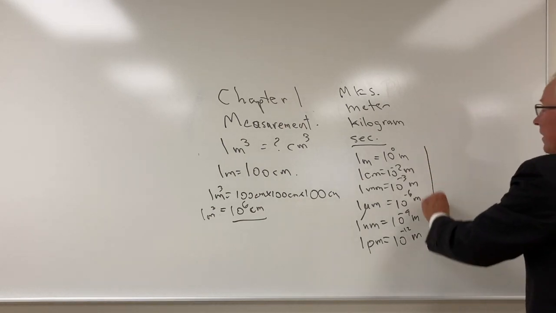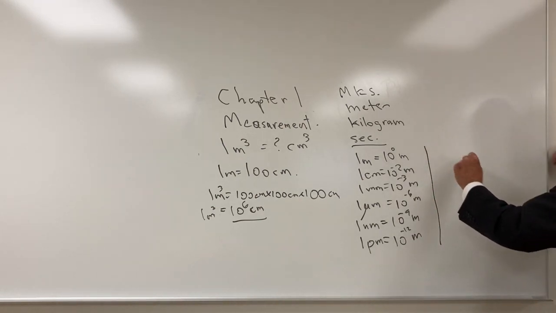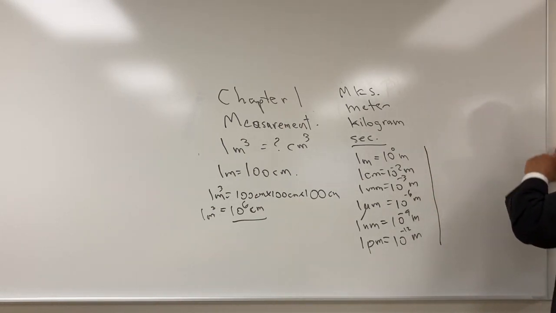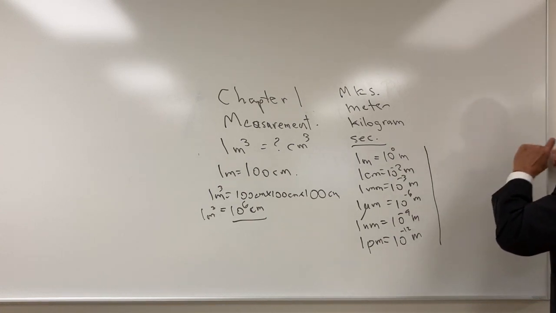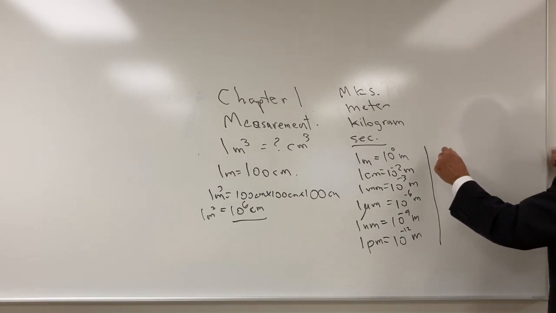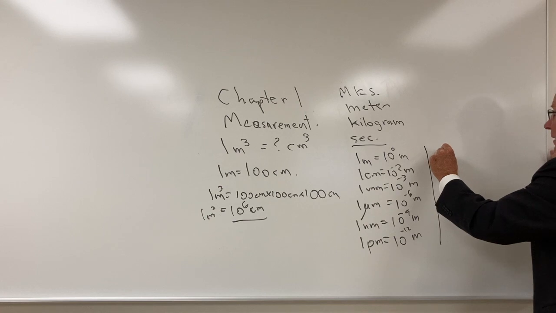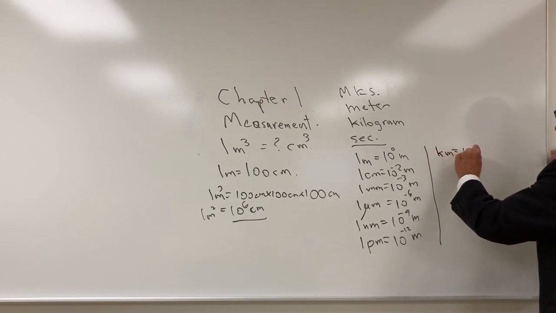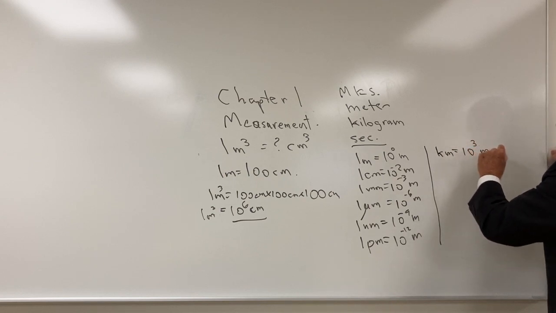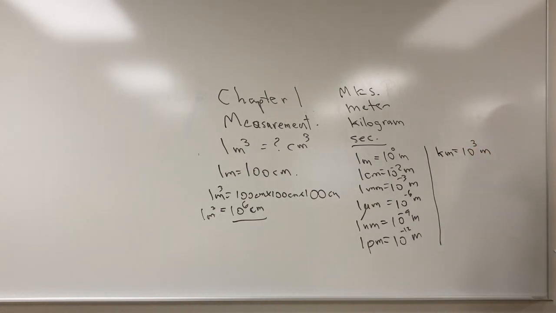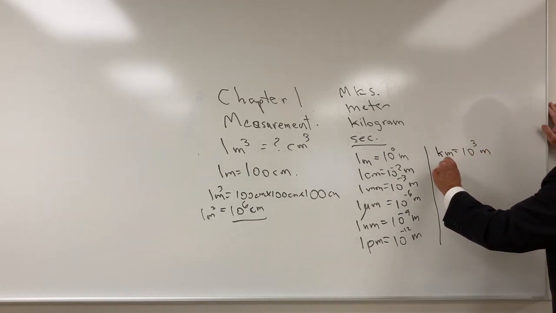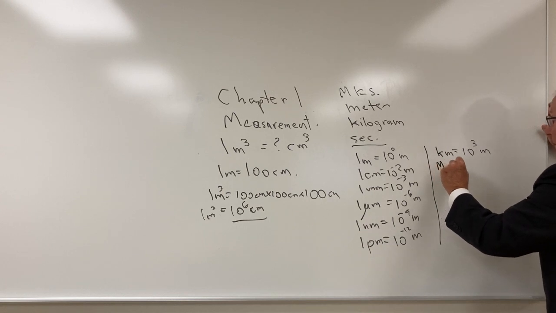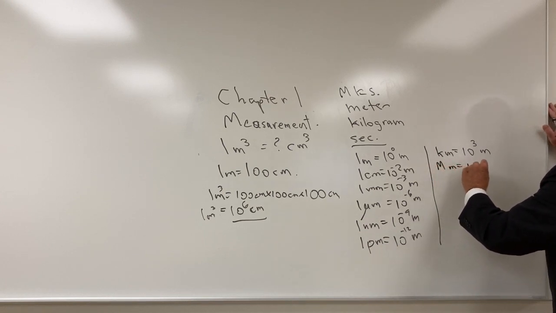Going upwards then, the first one we normally use, there aren't any really in between, is a kilometer, which is 10 to the third meters. Megameter is 10 to the sixth.